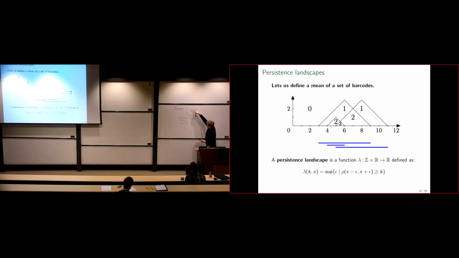But if we look at the top bar here, we can choose epsilon even longer. We can choose epsilon equal to 3, right? Because it's born at 3 and it dies at 9. So 6 is just in the middle of that bar. So here we have the value equal to 3.